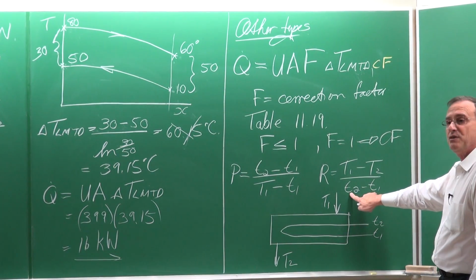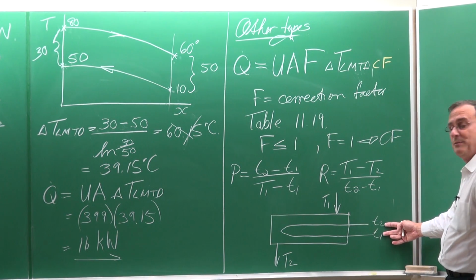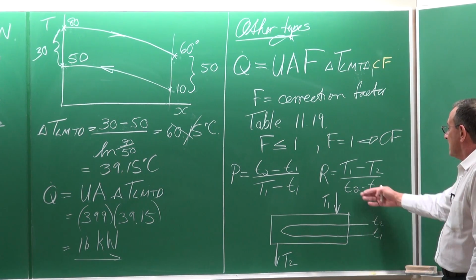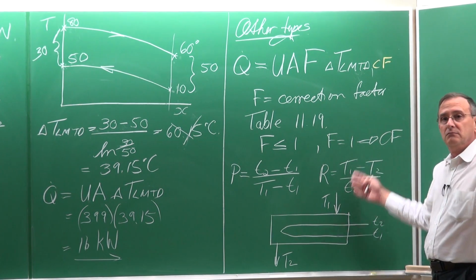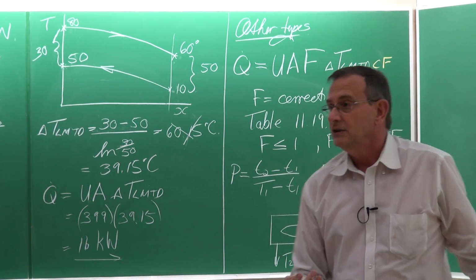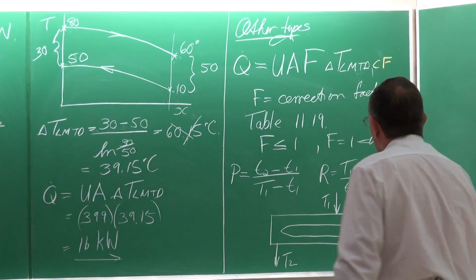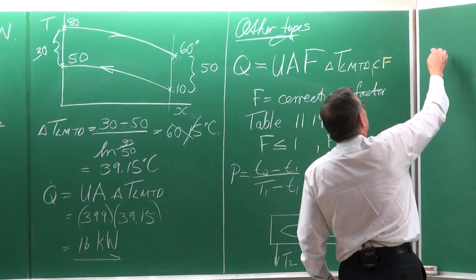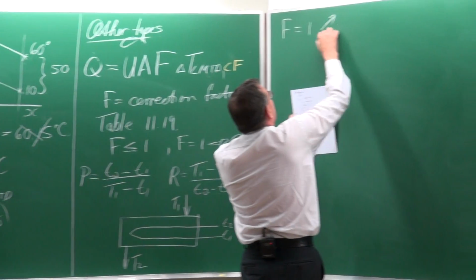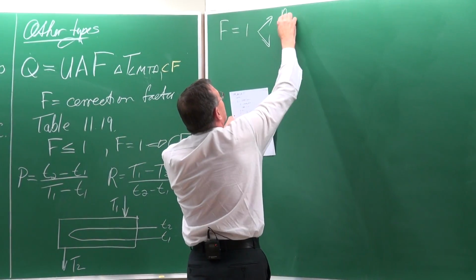When the two temperatures are the same. That means it can be a condensing fluid or a boiling one. Then R is infinite, and it doesn't show on the graph. If you look at that, you can't get a value. Well, in the fine print again, F is equal to 1 for phase change.